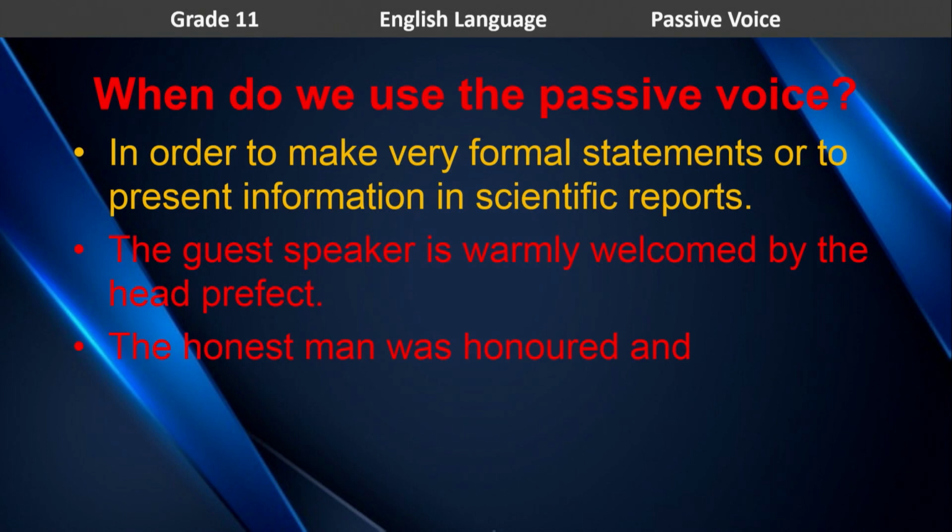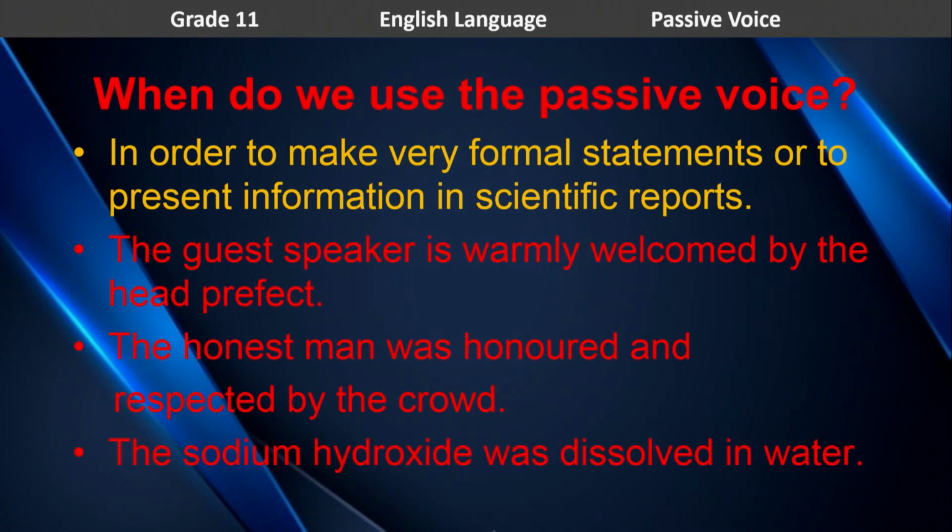Yes, the guest speaker is warmly welcomed by the head prefect. The next one: the honest man was honored and respected by the crowd. Very good. The last one: sodium hydroxide was dissolved in water. When you have a look at the last sentence, you can see that it is taken from a report. So, when you write reports, you generally use passive voice sentences.